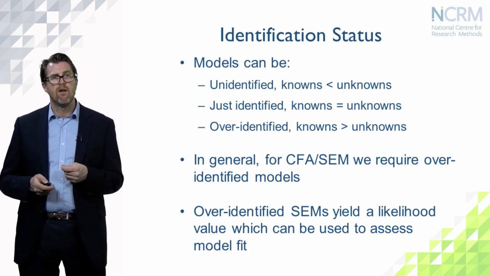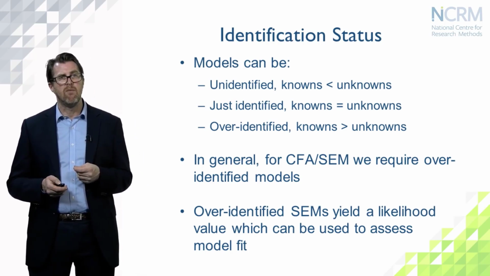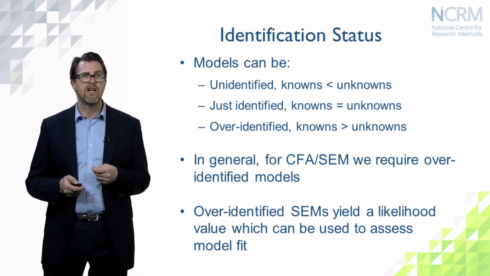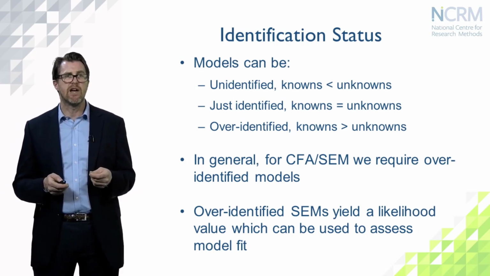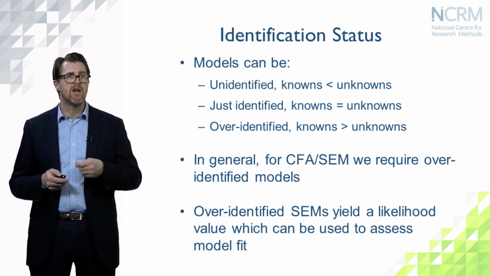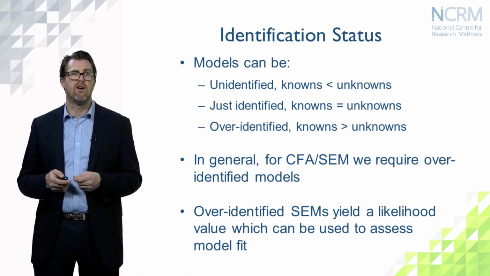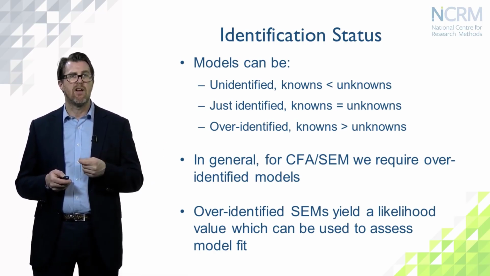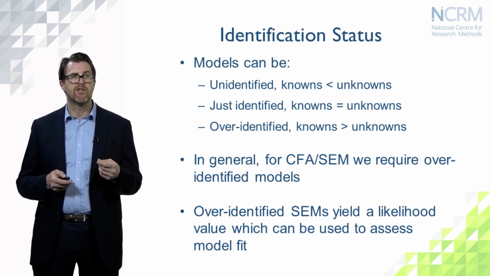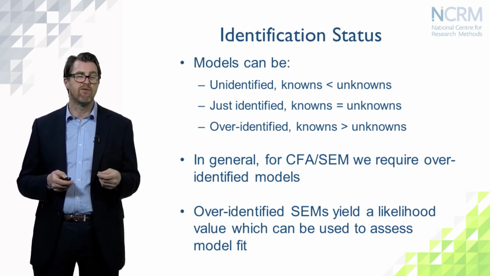So there are different ways that we can assess the identification status of a model. A very simple one these days with modern computers is simply to run our model, and most software will tell us what the identification status is of the model even before we fit the data.